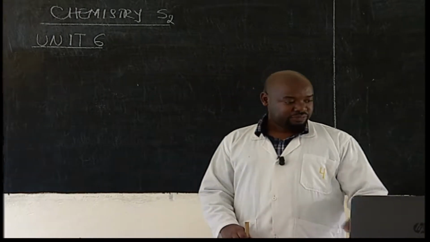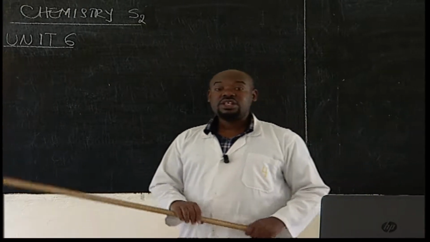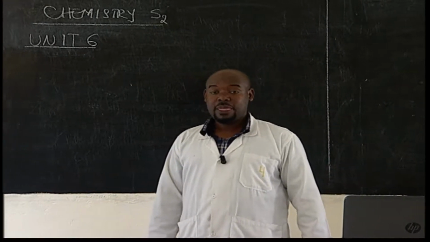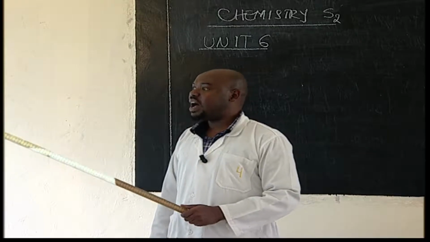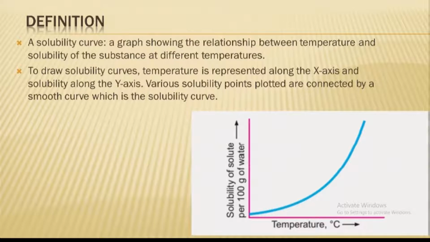Let us start. What is a solubility curve? It is a graph, but a graph which shows what? A solubility curve is a graph showing the relationship between temperature and solubility of the substance at different temperatures.